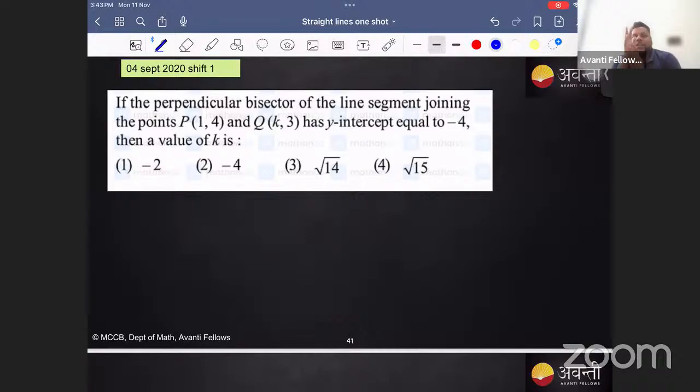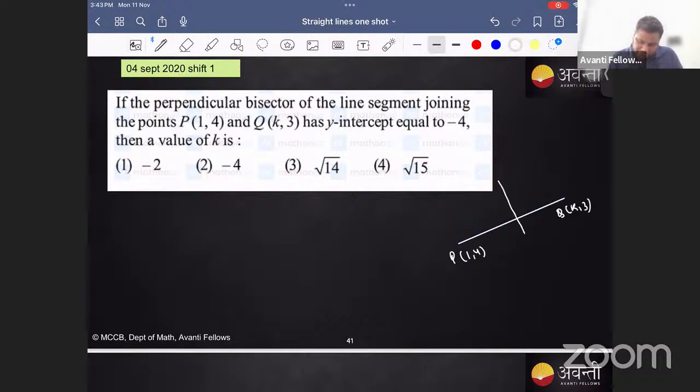Very good, very good. Quickly, others also participate. Come on. Well, now let's see. The question is, if the perpendicular bisector, see, there is a line segment joining P(1, 4) and Q(k, 3).